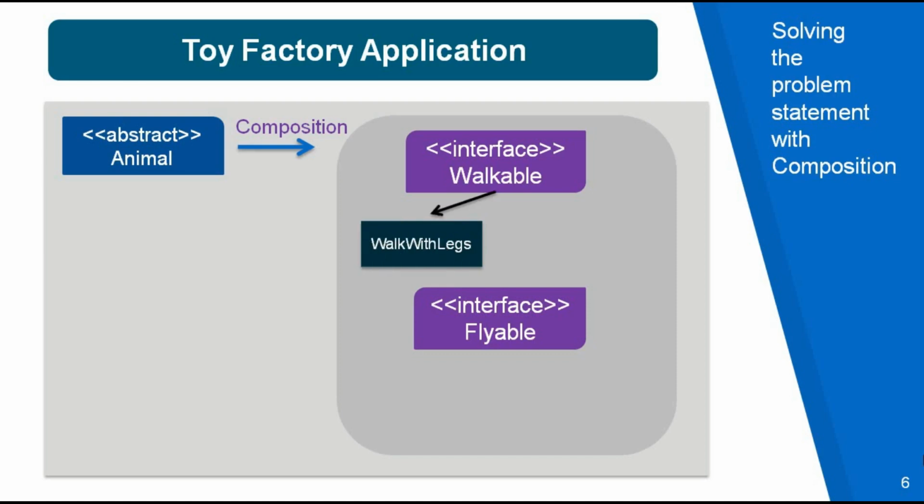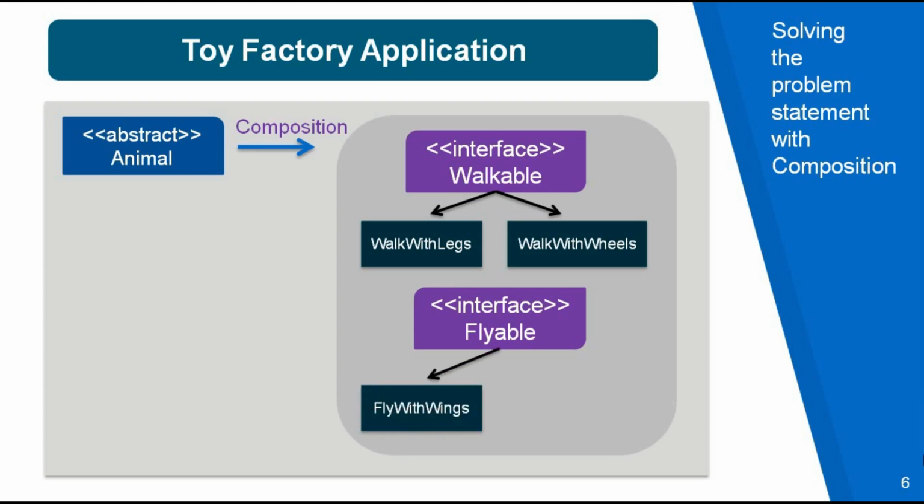For example, Walkable has one concrete class which is WalkWithLegs, and another is WalkWithWheels, which provide the implementation of the walk method. And the Flyable interface has FlyWithWings and FlyWithRocket, right?